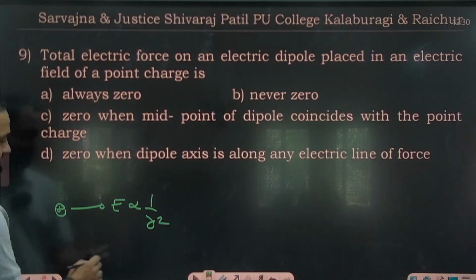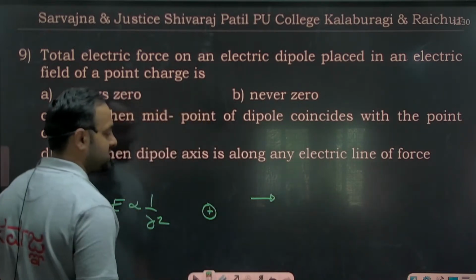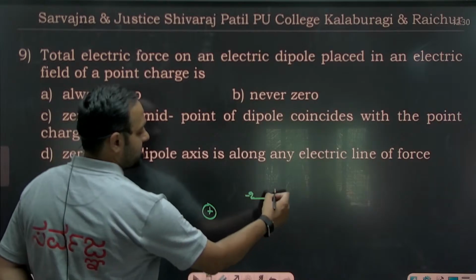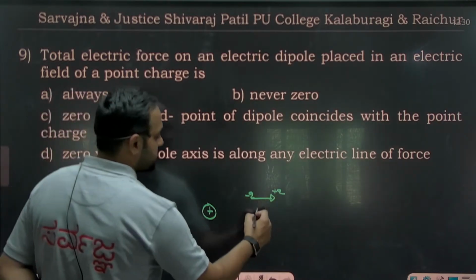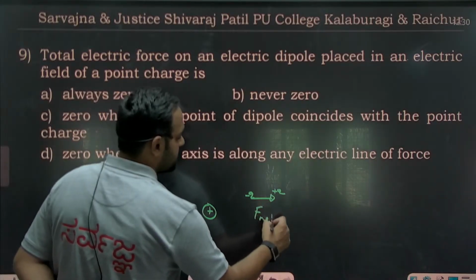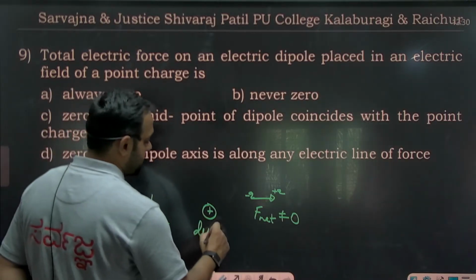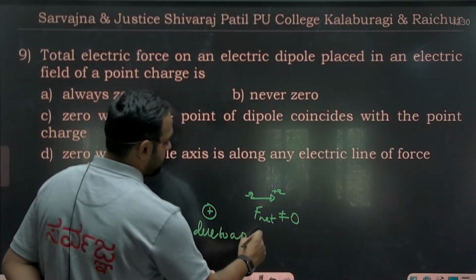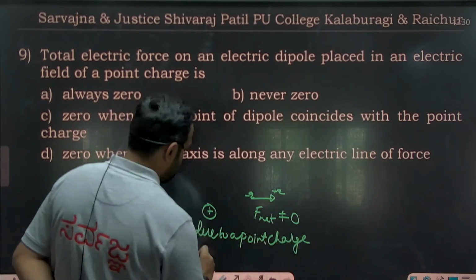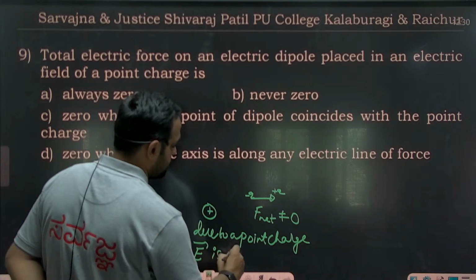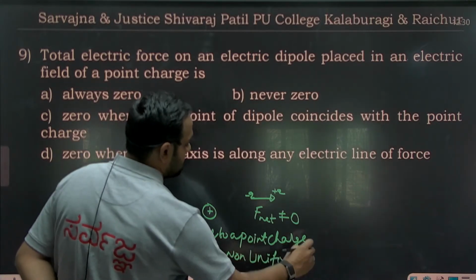So if you have a point charge here and a dipole here, this minus q and this plus q will both be at different points, which means the net force on this will not be equal to 0, because due to a point charge the electric field is non-uniform.